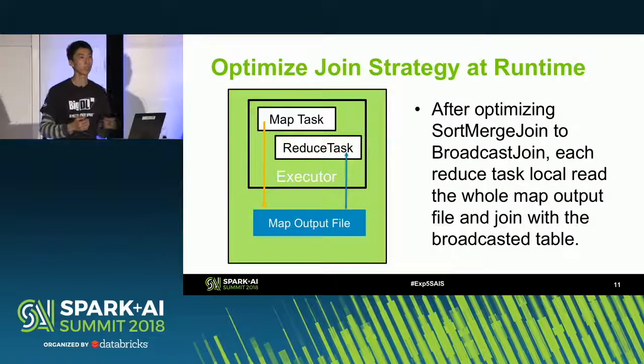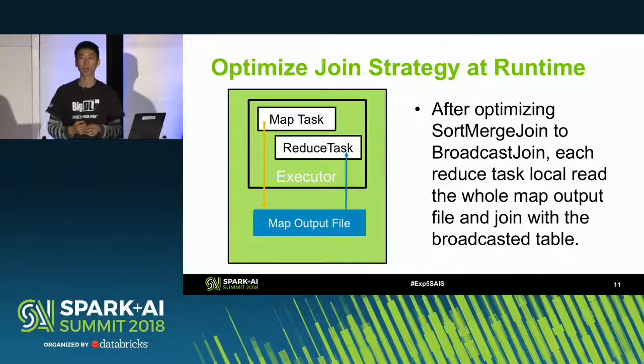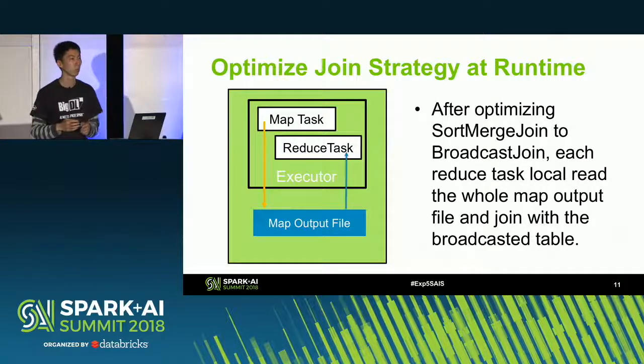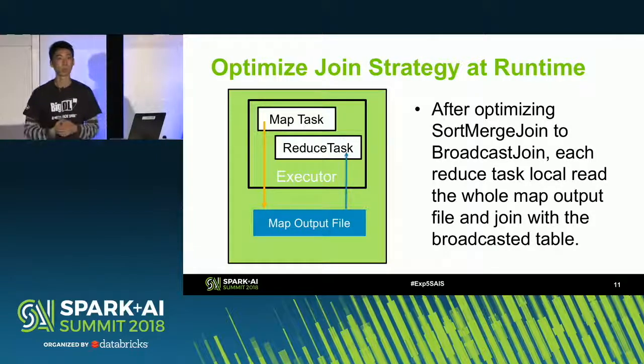After we change a sort merge join to a broadcast hash join, no data is transferred over the network because the reduce task locally reads the whole map output file. So this will greatly improve the performance.